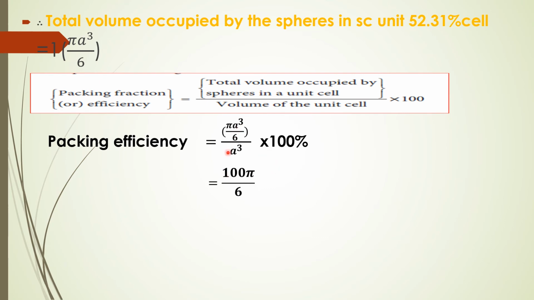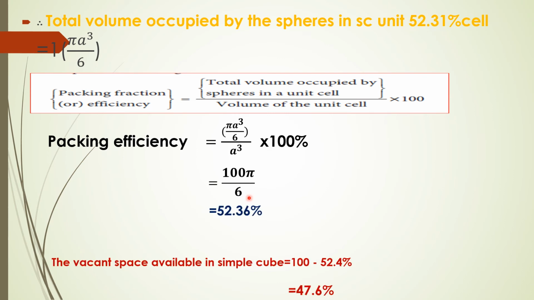I cancelled here. So this value is 52.56%, approximately 52.4%. The vacant space available per simple cubic cell is 100 minus 52.4%, equal to 47.6%.